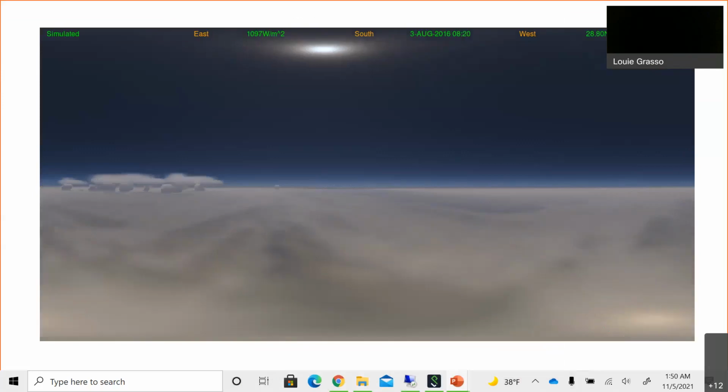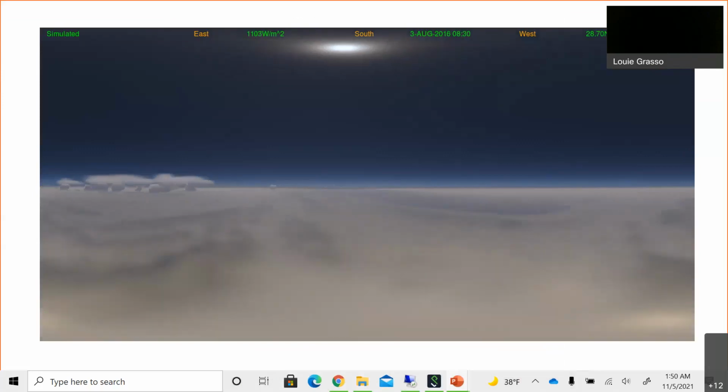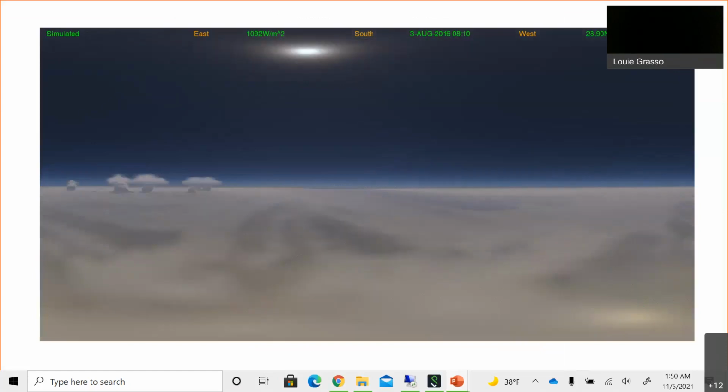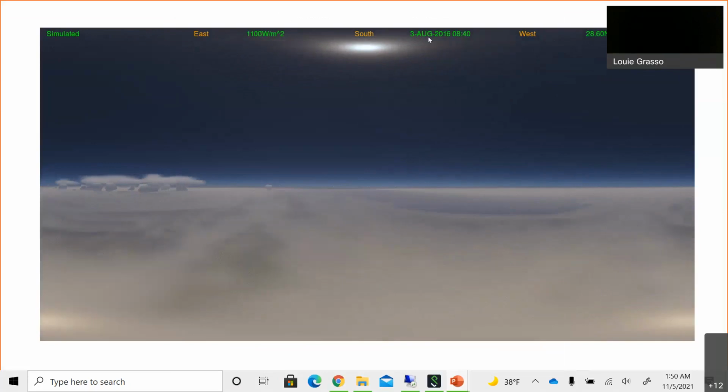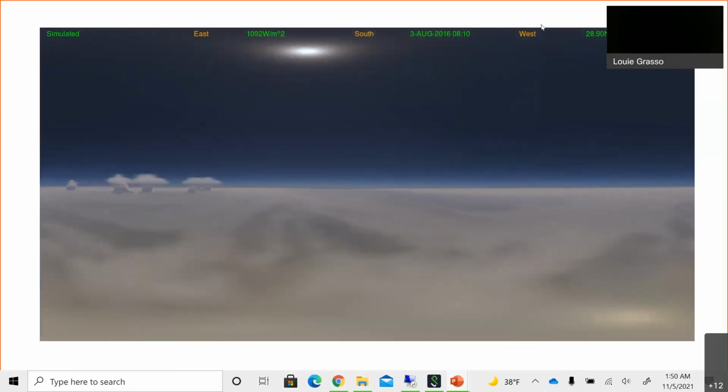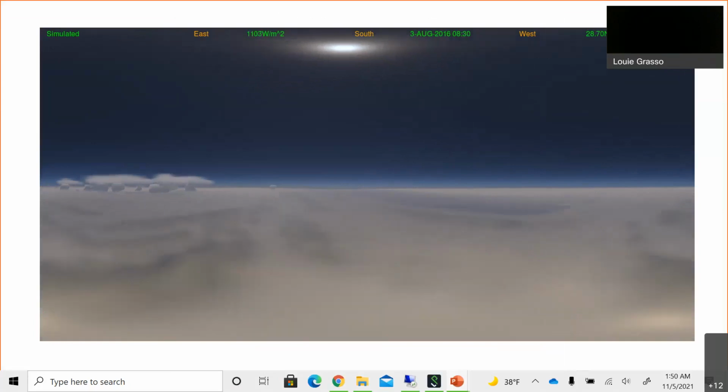All right, so this is now an actual, what we're working on is developing the ability to fly through the domain. So what we have here, this is August 3rd. Here's the time. It's changing every 10 minutes. And this is at a constant altitude of 1 kilometer.